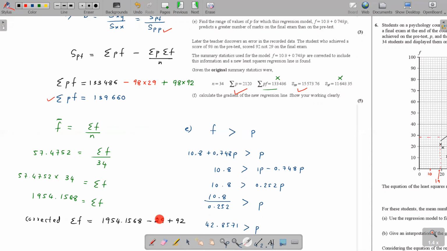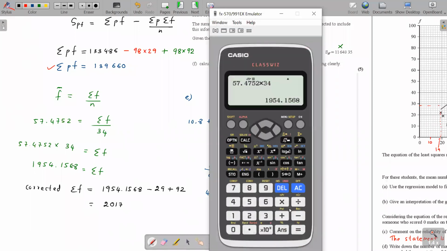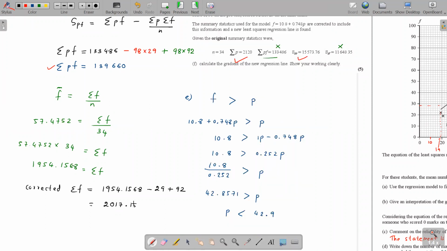So we remove the wrong value and add the new value. Minus 29 plus 92 gives 2017.1568. So this is the corrected sigma F.